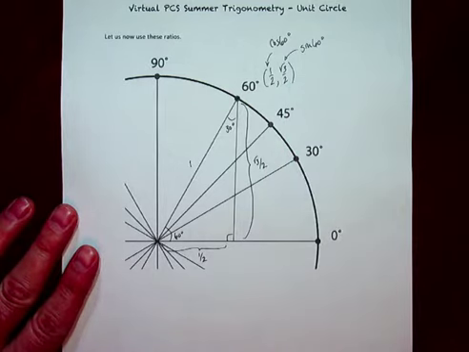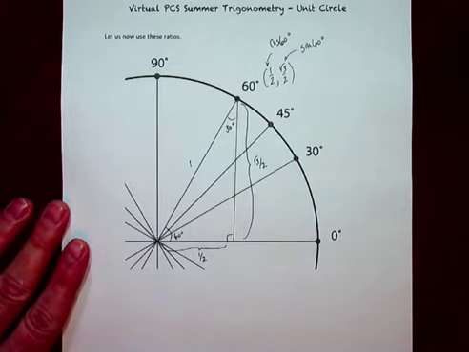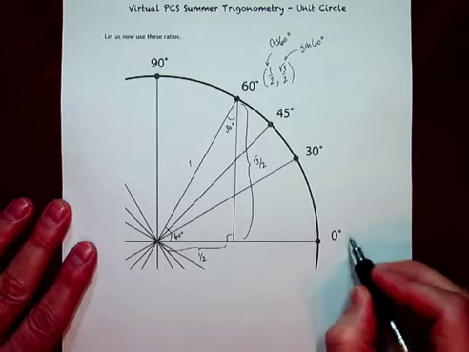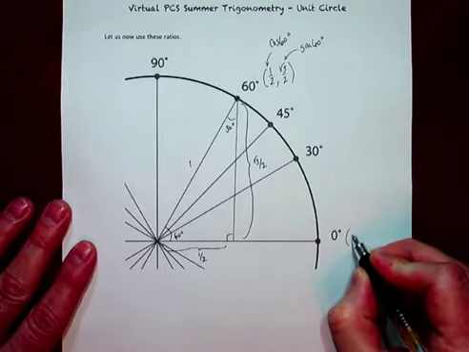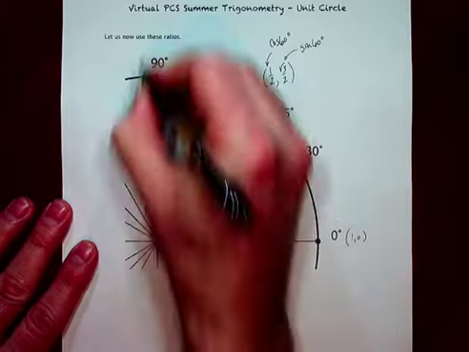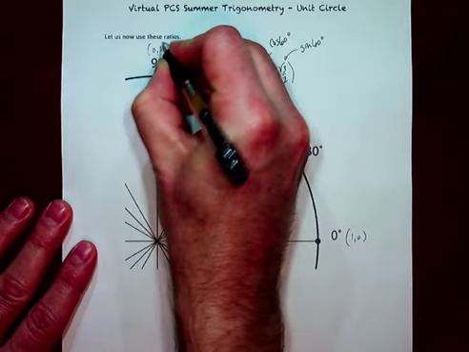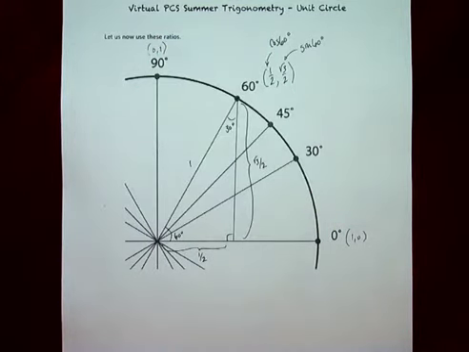Now, we need to remember that there also are ordered pairs here, 1, 0, and here, 0, 1. But those aren't really for triangles, are they? Well, you can think of them as triangles.